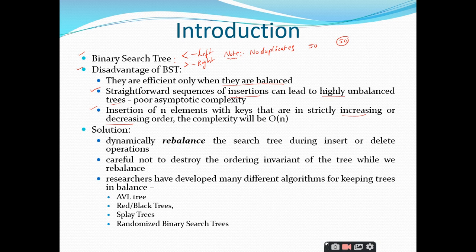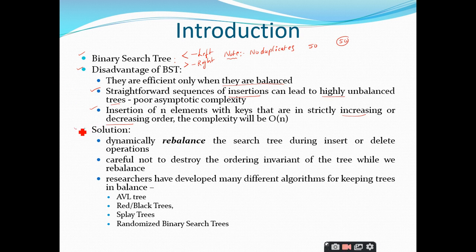So if the time complexity is reduced, the efficiency is increased. Our ultimate goal is to increase the efficiency of the algorithm, whether it is a search, insertion or deletion algorithm. So in order to increase the efficiency, we are going to decrease the time complexity. We are going to propose different structures which have less time complexity, thereby getting efficient algorithms. That is the main goal we have.